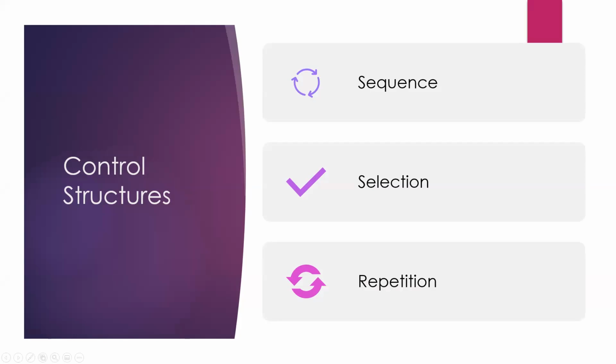So let's take down: there are three types of control structures used when developing algorithms.